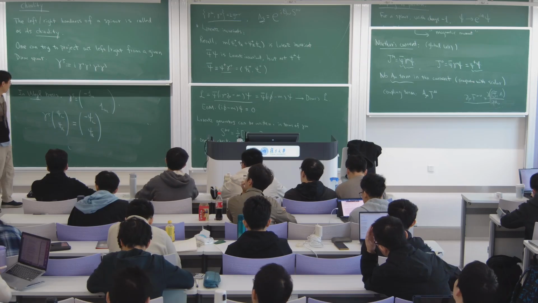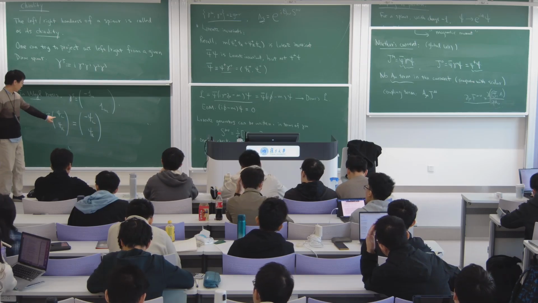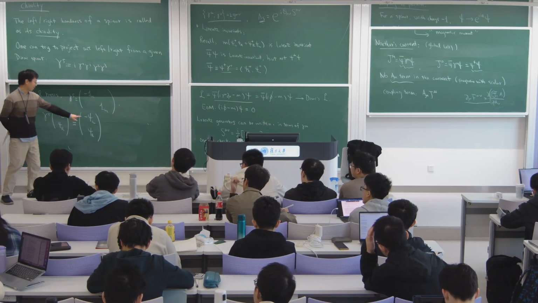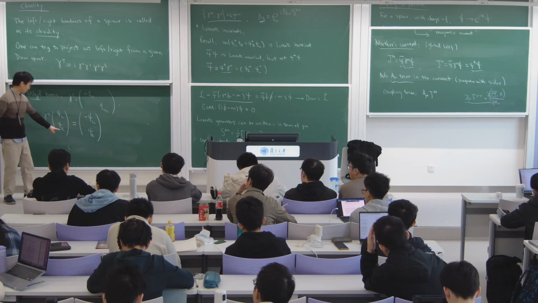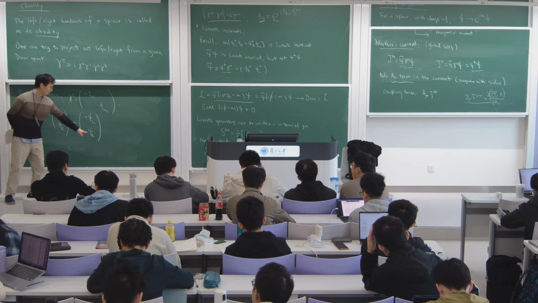So we see clearly that for left, gamma 5 has eigenvalue minus 1, and for right, gamma 5 has eigenvalue plus 1.